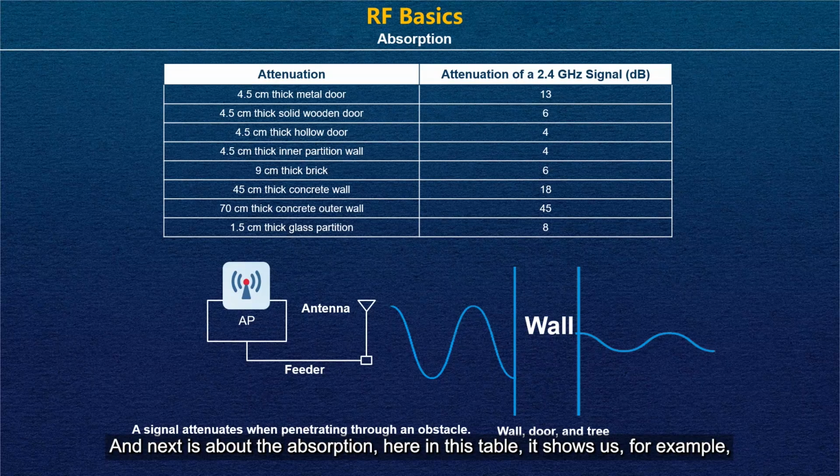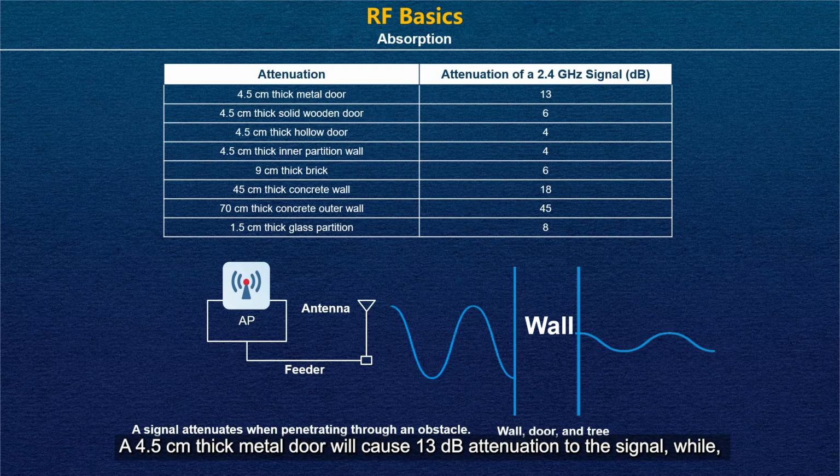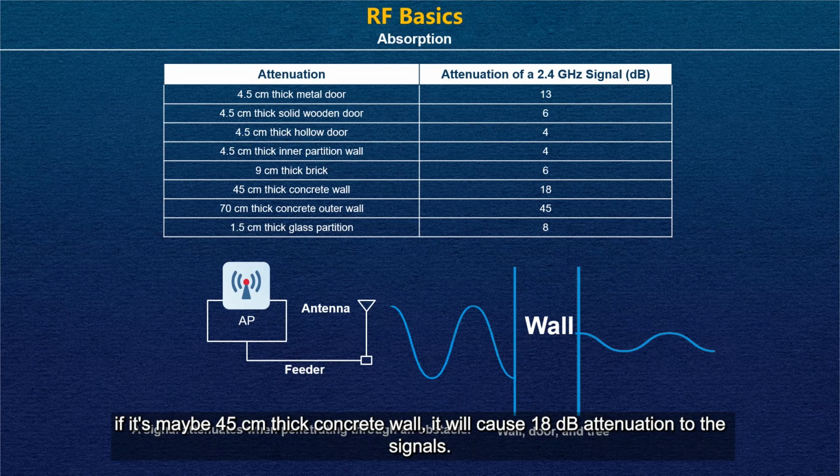And next is absorption. Here in this table, it shows us that, for example, a 4.5 centimeter thick metal door will cause 13 dB attenuation to the signal. While a 45 centimeter thick concrete wall will cause 18 dB attenuation to the signals.